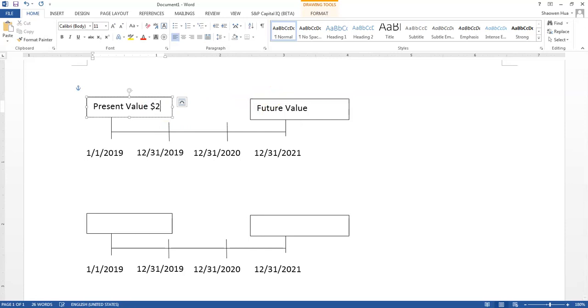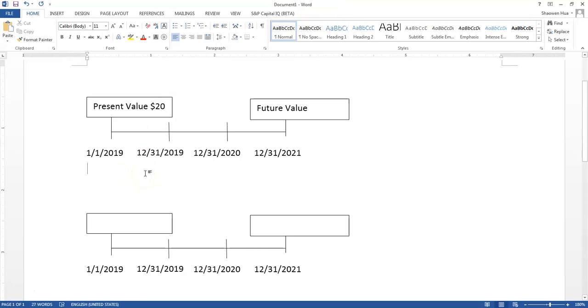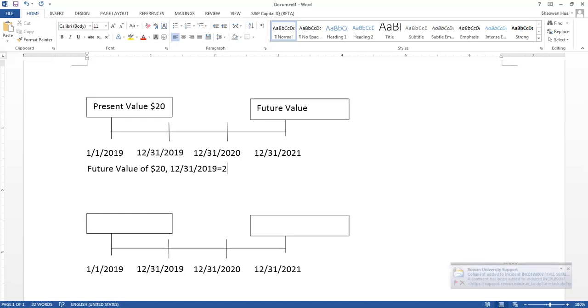If I borrow $20 today, and the interest rate the lender charges me is 6%, then let's start from 1 year later. Today, January 1st, I borrowed $20. If I need to pay him back 1 year later, 12/31/2019, then the future value of that $20 will be calculated by $20 of principal plus interest.